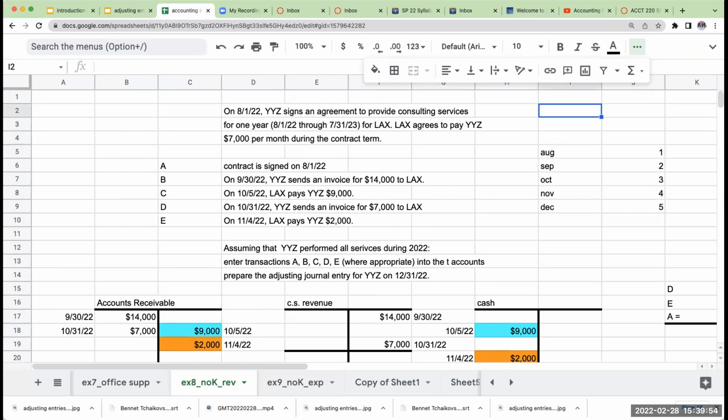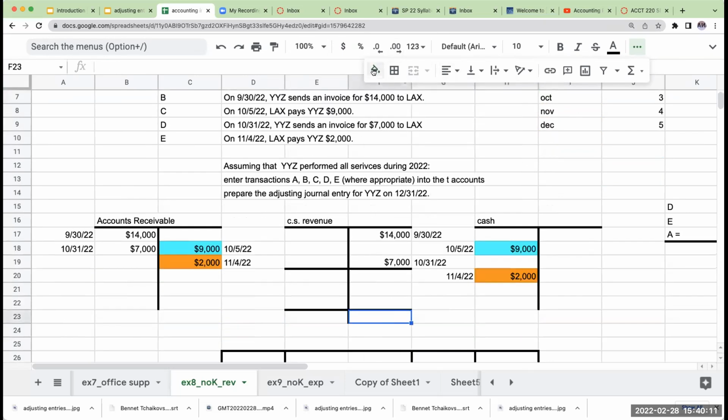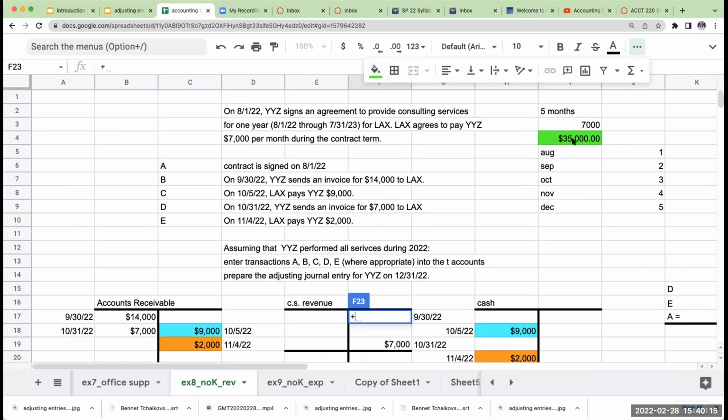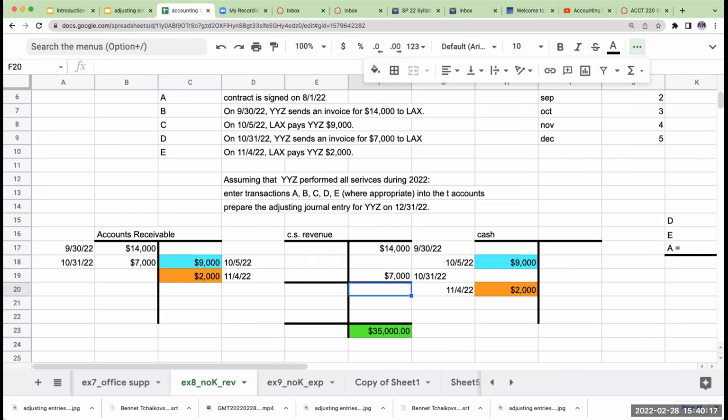So I've worked 5 months at a rate of $7,000 per month. So the total amount of revenue that I should be recognizing is going to be $35,000. When I look at this, I should have 35,000 in revenue, but I only have 21,000. So I have a problem.